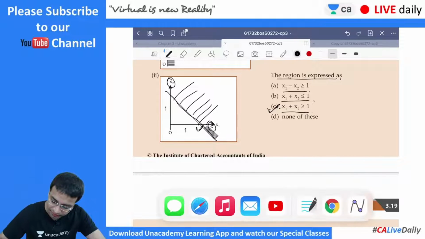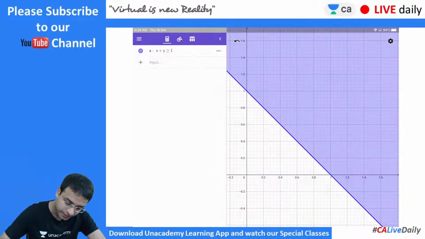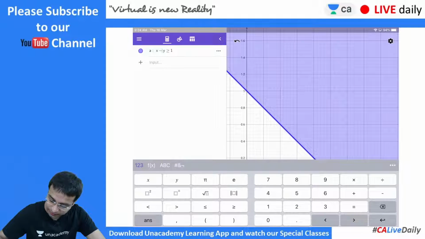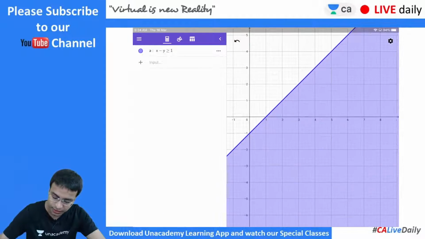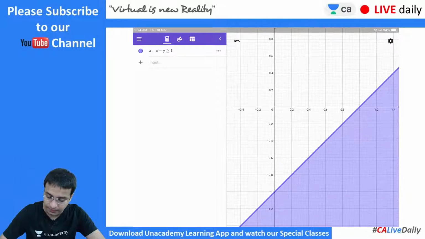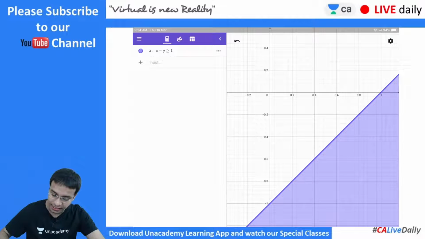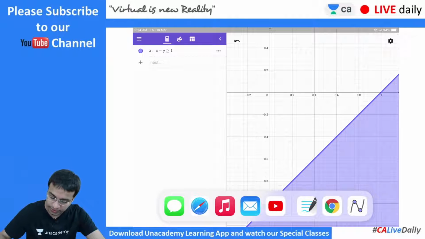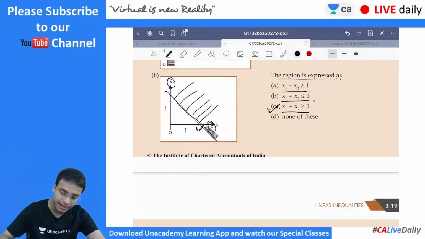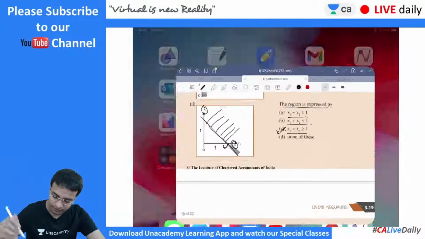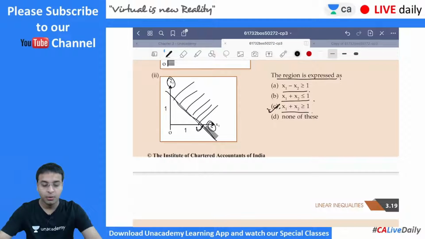If it would have been x minus y greater than or equal to 1, then the line would have been like this. The line would have been different. Okay, anyway, we'll move on.